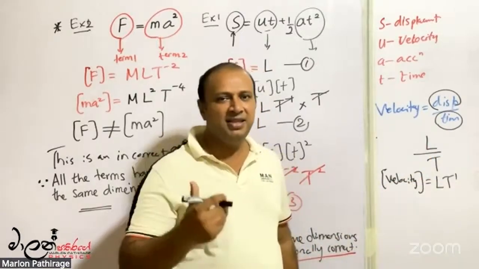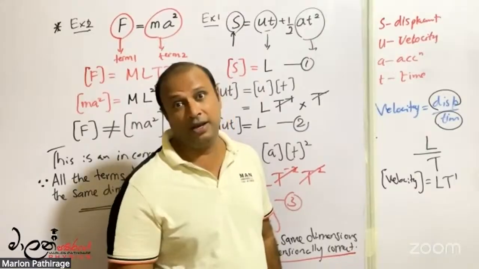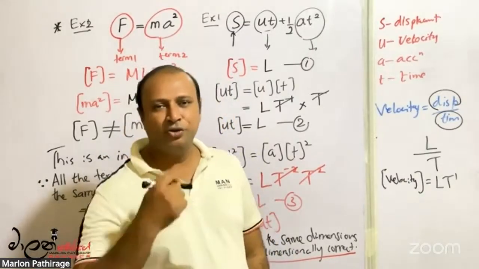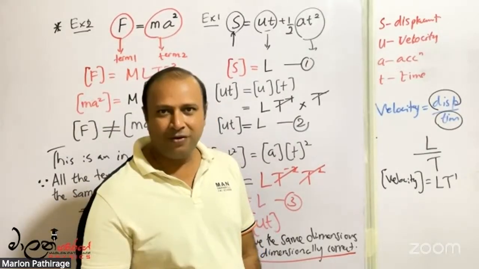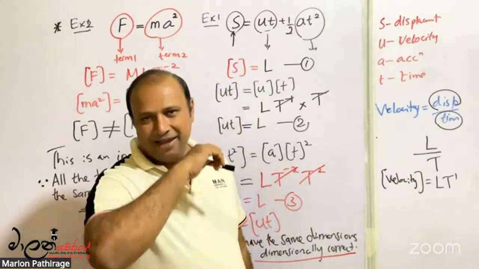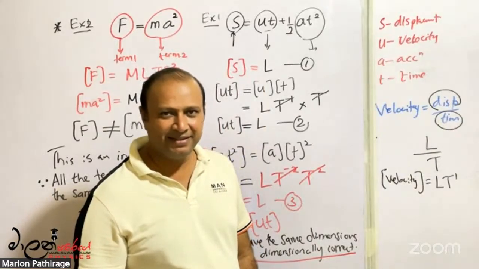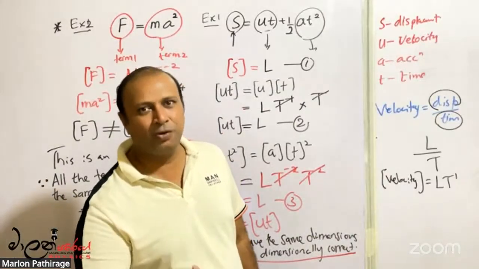Therefore, this is not a formula, and we cannot get a value for velocity using this. So this is a symbolic representation only. And from that, I can say velocity is equal to a length over time.